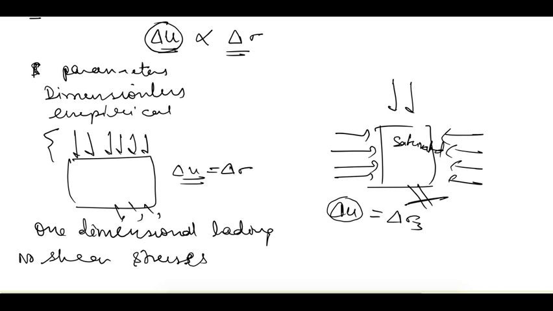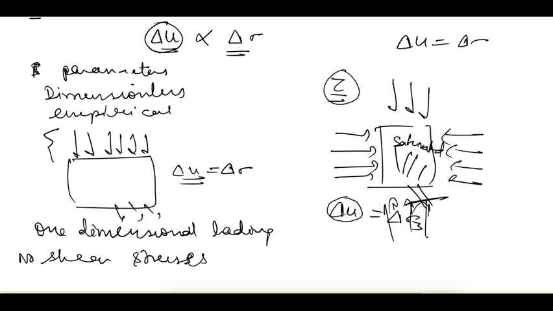But after that, when we apply the deviator stress also, the soil feels the shear stresses also, because of this stress difference. Now when the shear stresses are also there, we cannot say that increase in pore water pressure is simply equal to the increase in stress, because there are shear stresses also. So a part of pore water pressure is there due to shear stresses, and a part of pore water pressure is there due to the normal stresses.